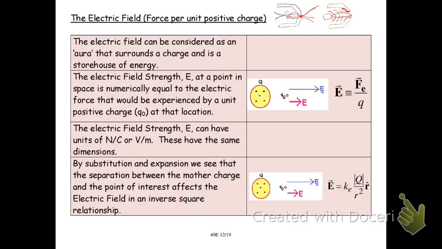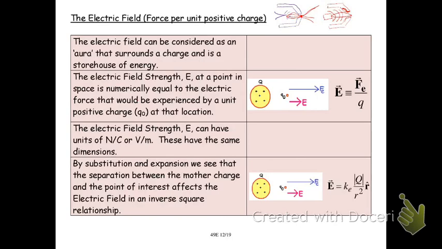So the electric field can be considered as an "aura", in inverted commas, meaning don't quote this in your PhD thesis, an aura that surrounds a charge and is a storehouse of energy. The electric field strength E at a point in space is numerically equal to the electric force that would be experienced by a unit positive charge at that point, because you're dividing by 1.